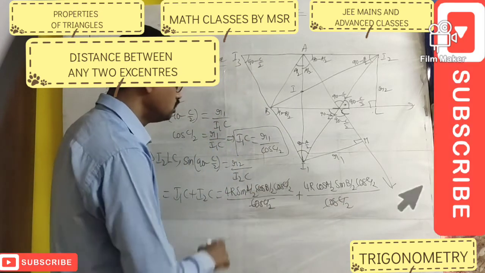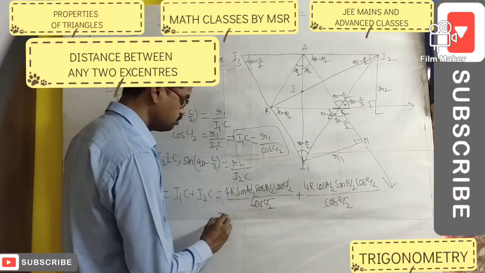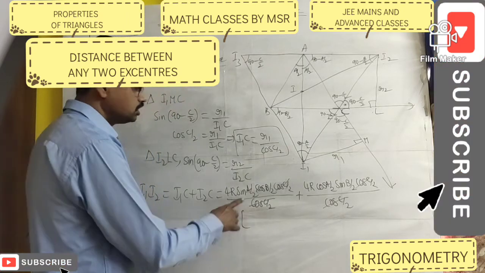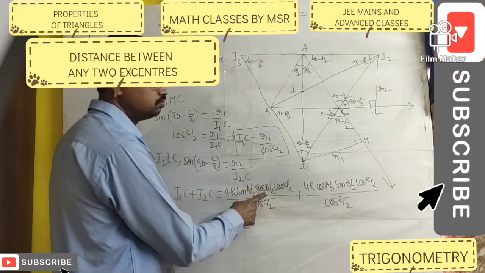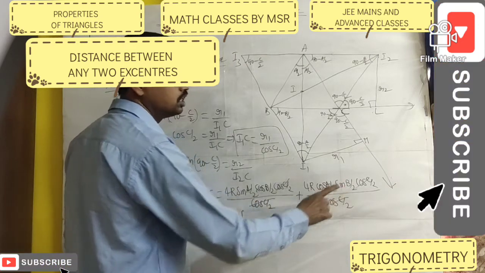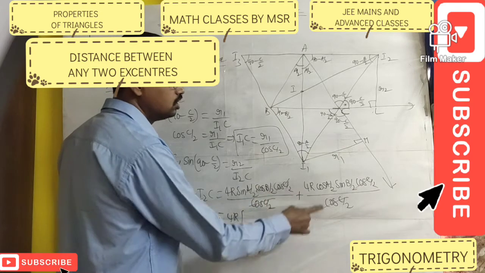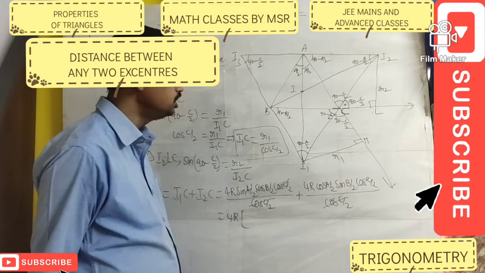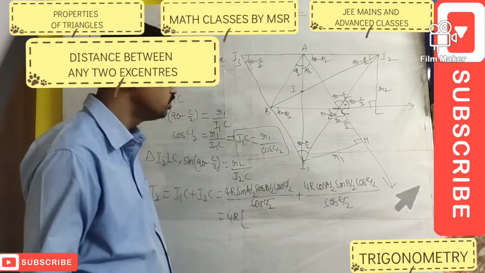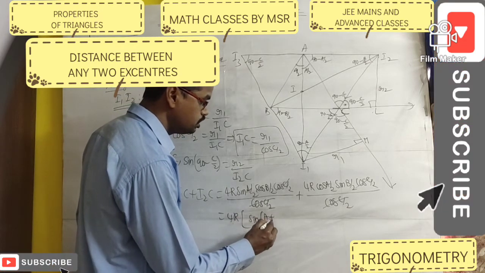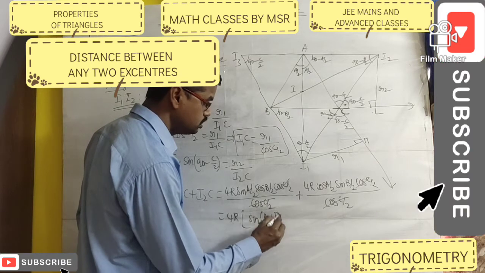In these two terms, take 4R common: 4R times sin A by 2 cos B by 2 plus cos A by 2 sin B by 2. That is sin of A by 2 plus B by 2, which is A plus B by 2.